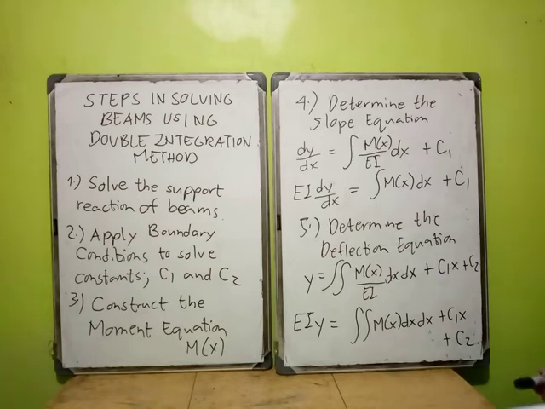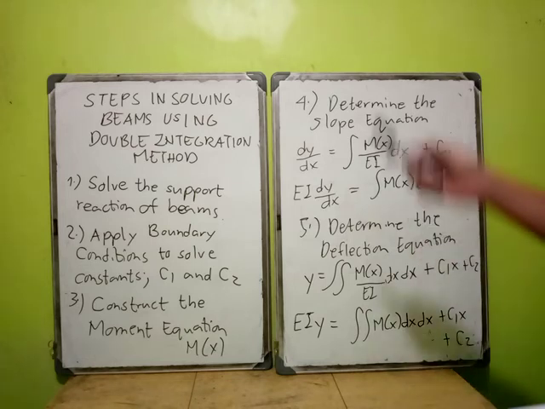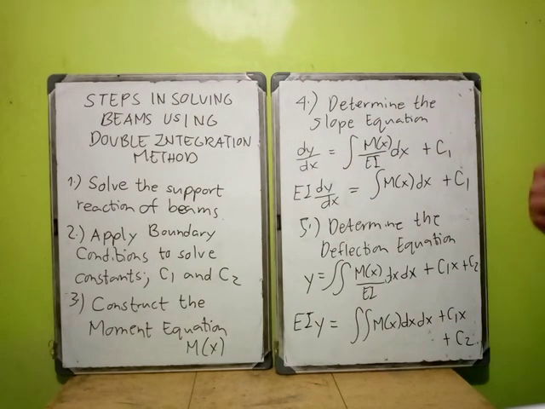So maybe we will understand these steps in solving beams using the double integration method as we are going to have some examples in the next videos. Always remember these five steps in solving beams using the double integration method.